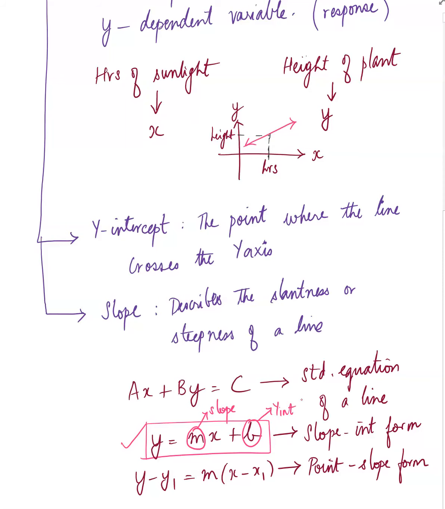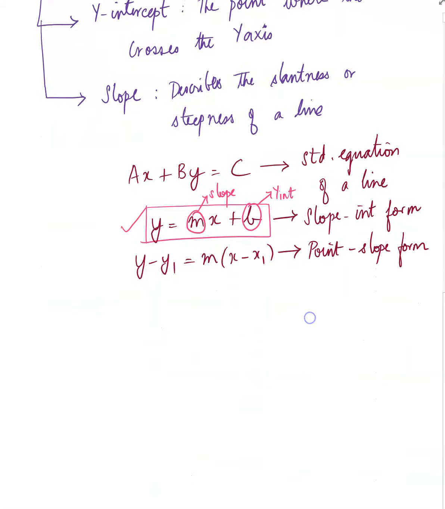So the whole idea of writing the equation in slope-intercept form is that there are some things you can readily see without having to calculate. In your equation y equals mx plus b, you can readily see your slope and your y-intercept. Let me give you an example. Let's say y equals 8x minus 11. You can readily see that your slope m is 8 and your b, which is the y-intercept, is negative 11.